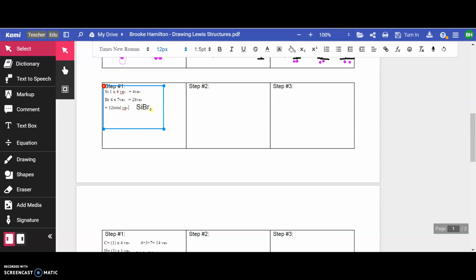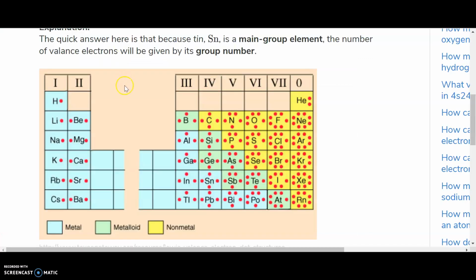So for silicon, we are going to look at group 14. Since it's in group 14, we use that group number to tell us how many valence electrons. So silicon will have 4 valence. Bromine is in group 17, so 7 valence.